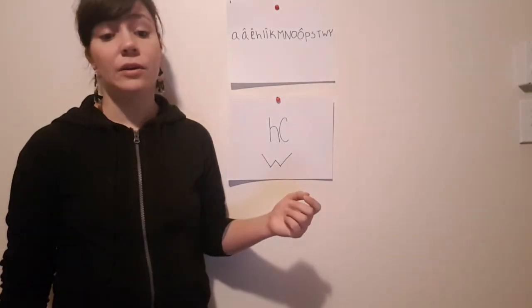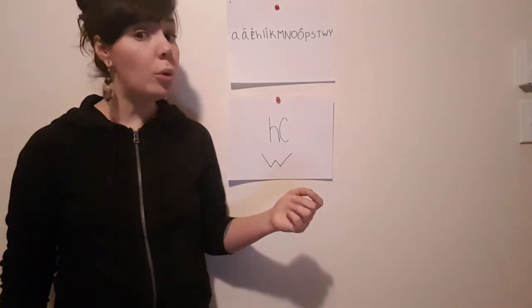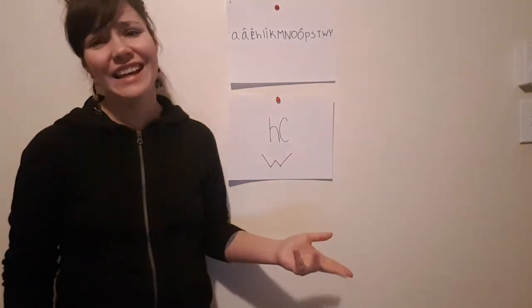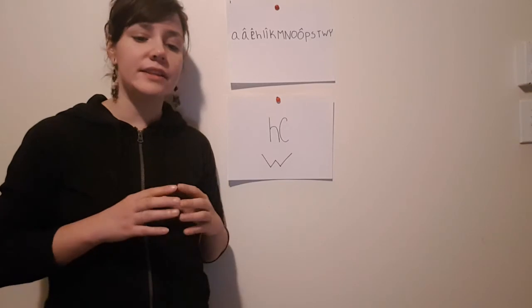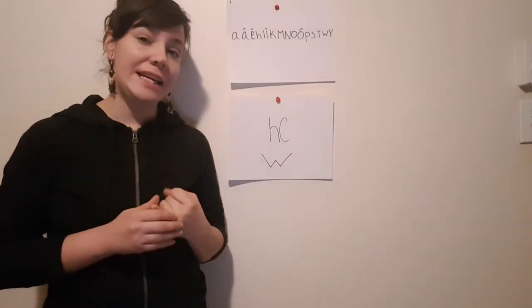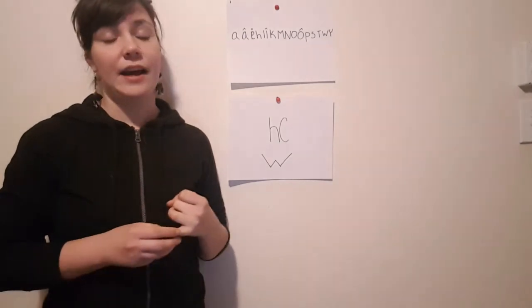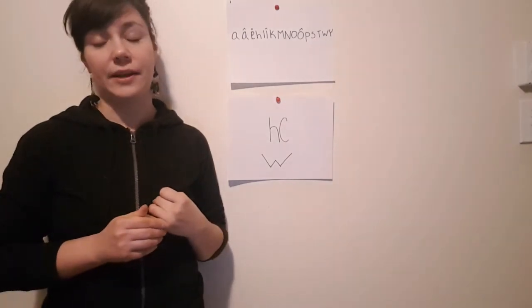O is still like the O in no, and long O doesn't really change. It's really the ones you have to pay attention to: the long A, which is then pronounced like the wow.